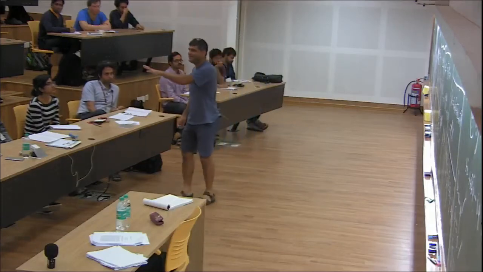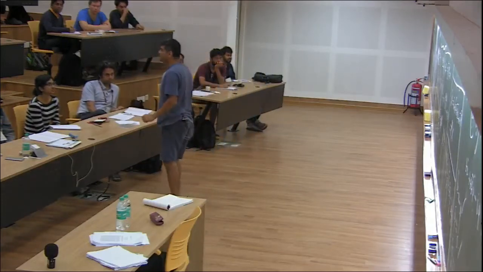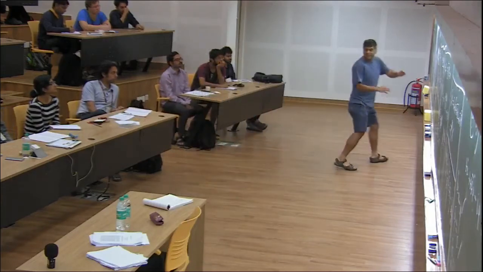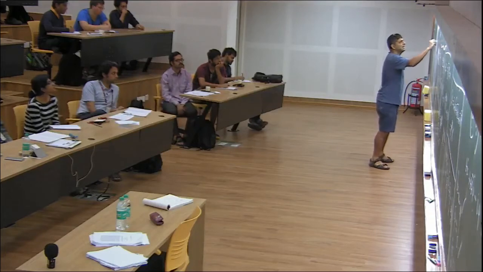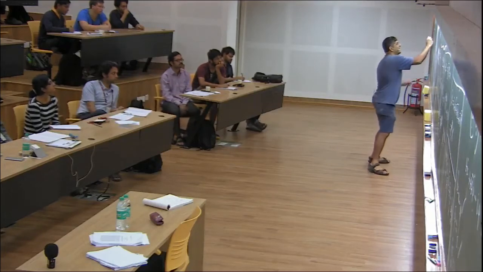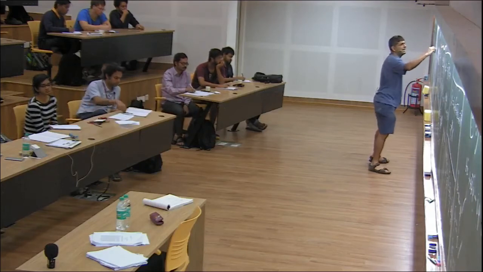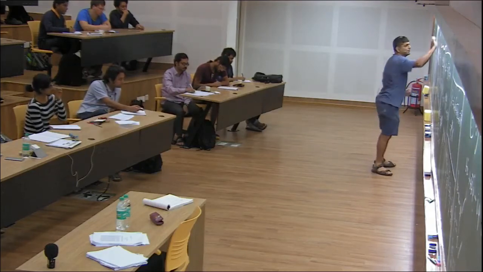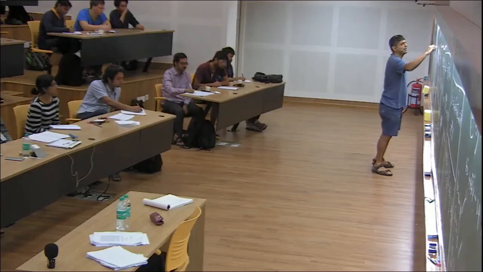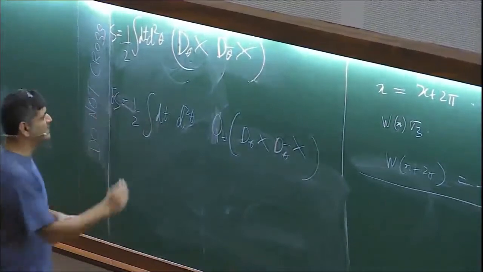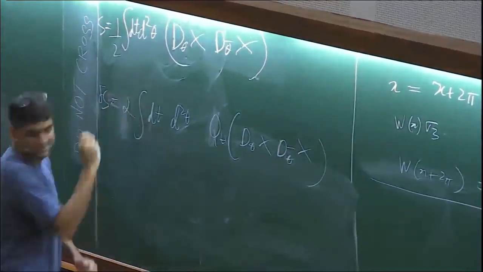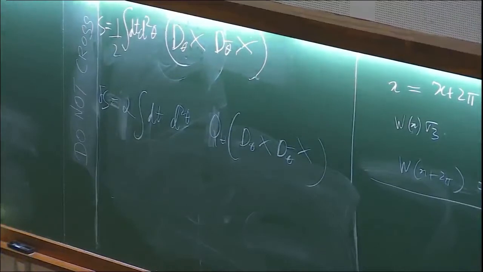Derivative of A times B plus B times derivative of A is derivative of AB. So it's the Q differential operator on the whole thing. So though I've been a bit fast here, you can convince yourself that this whole thing is integral dt d2 theta delta S. Delta of, which is Q theta of d theta x, d theta bar x, perhaps up to a minus sign. It's proportional to, let me write. Is this clear?